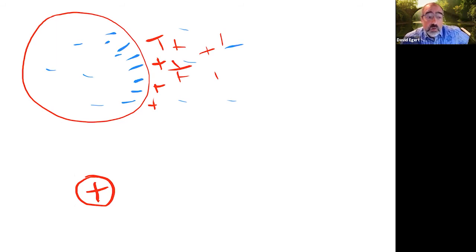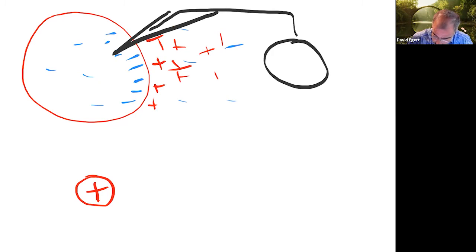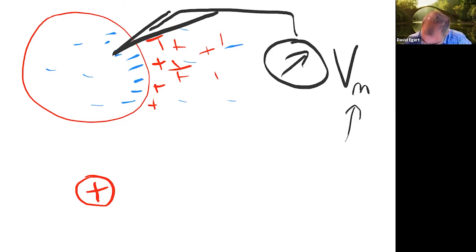This is now a situation where we say there is a voltage across the membrane. So I'm going to draw it. Usually we kind of draw it like this. V sub M, the membrane voltage.